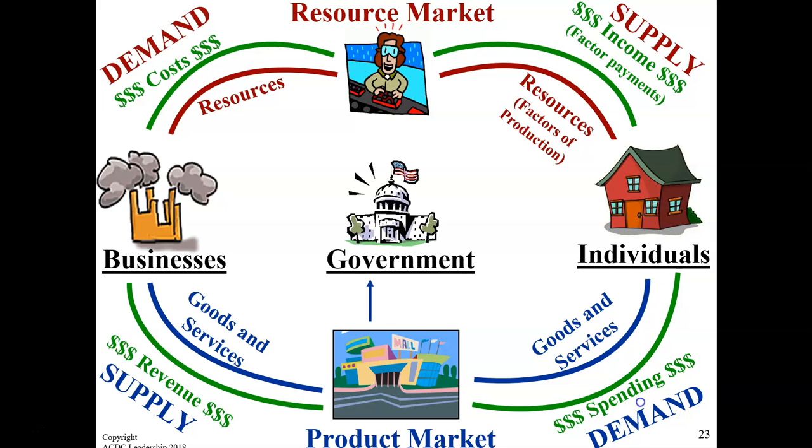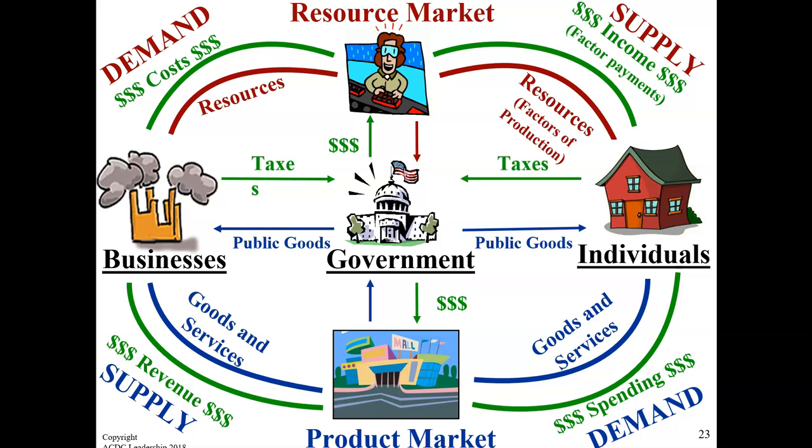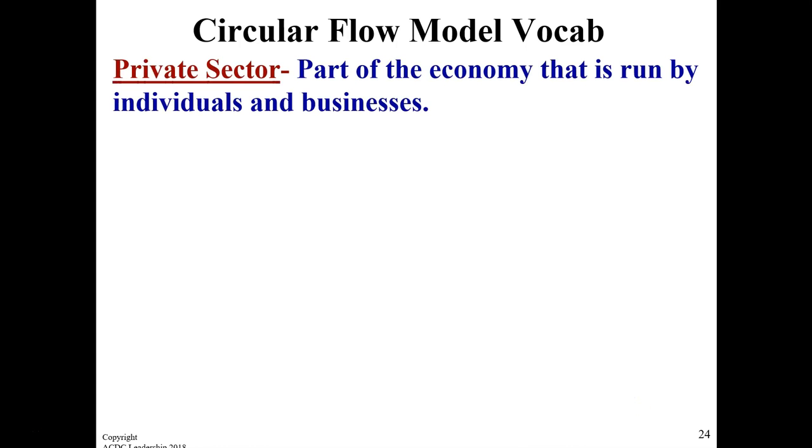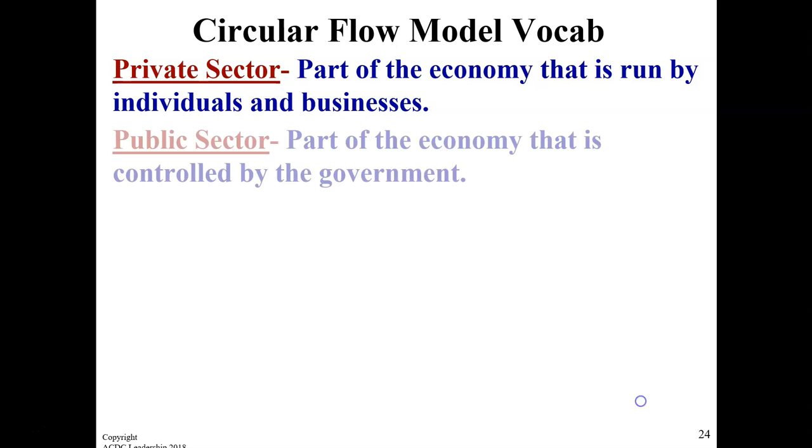And then we have the government as well, collecting tax dollars, and then the government redistributing or also spending money in the resource market as well as the product market. You have public goods and private goods as well. The private sector is the part of the economy that's run by individuals and businesses.